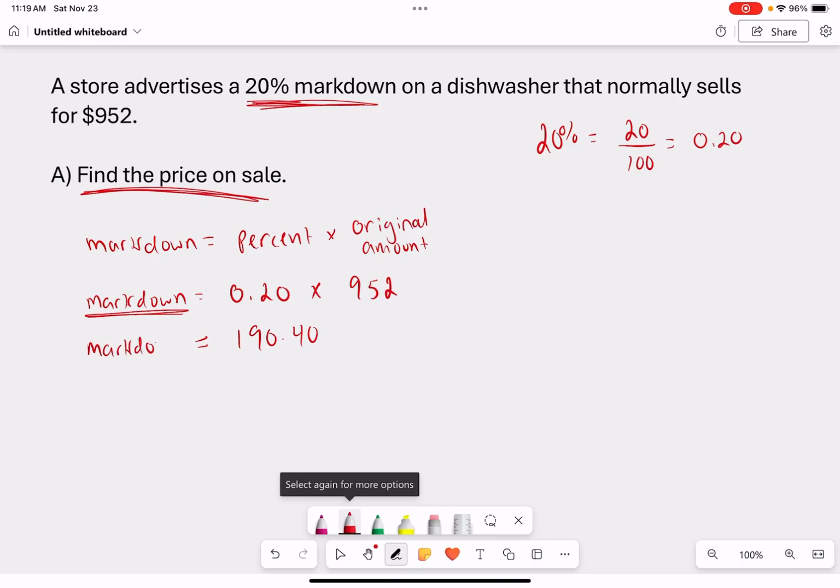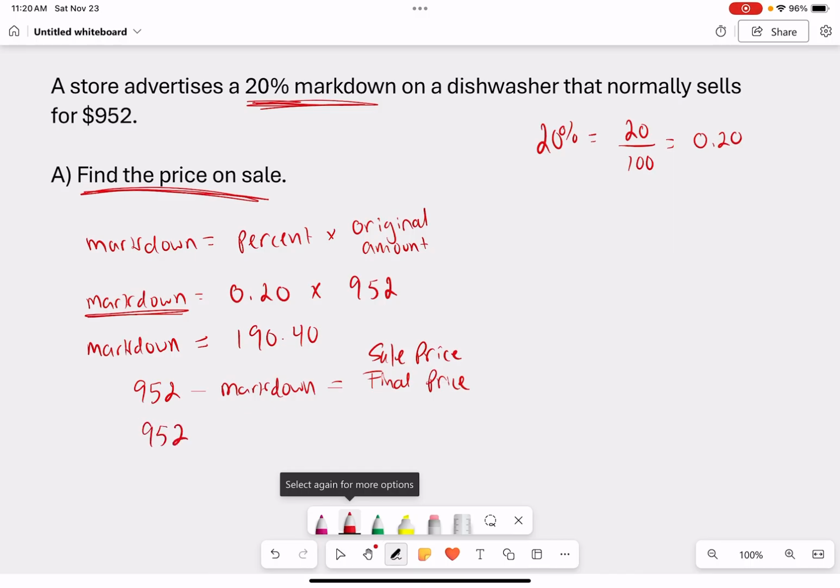That is what is going to be taken out from the original amount, or be subtracted from the original amount. So we're going to write 952 minus the markdown is equal to the final price, or even the sell price sometimes we can write it as. Okay, so $952.